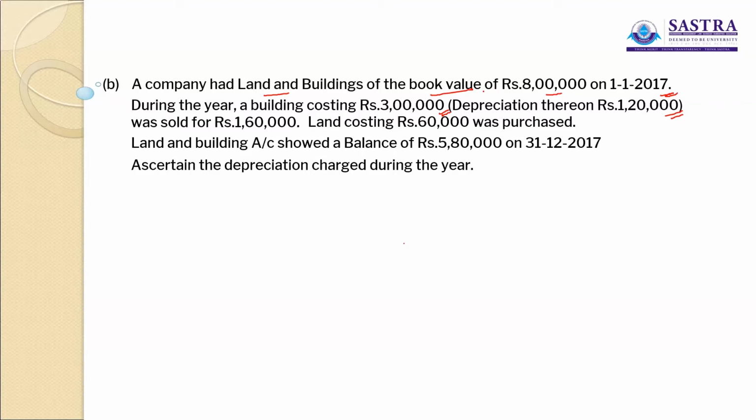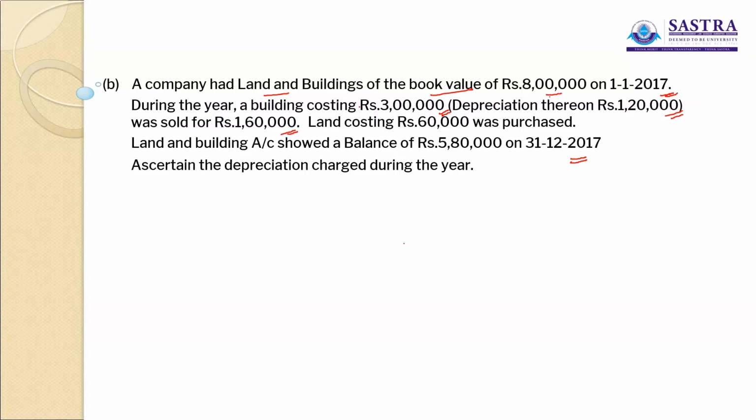If book value is directly given, that means the depreciation is already adjusted on it. For the entire land and buildings, the book value is given, opening book value and the closing value is given. Whereas for a particular building with a cost of rupees 3 lakhs and depreciation on such building is 1,20,000, which means the book value on date of sale was rupees 1,80,000, but it was sold for 1,60,000.